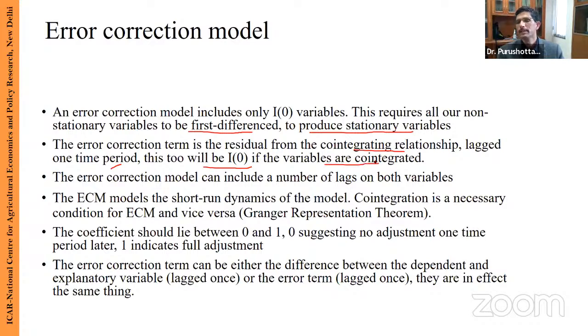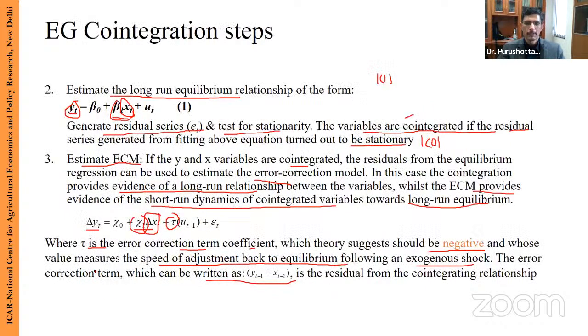Then only we say that there is a co-integration. The error correction model can include a number of lags on both sides of the variables, based on how many lags are required.